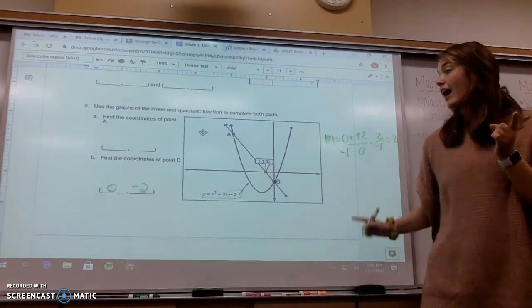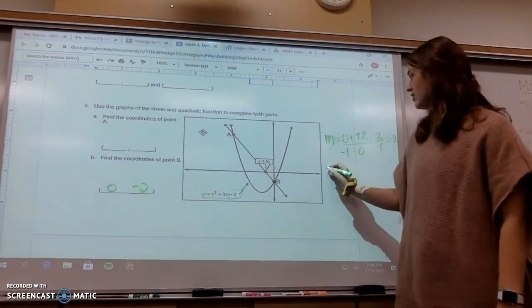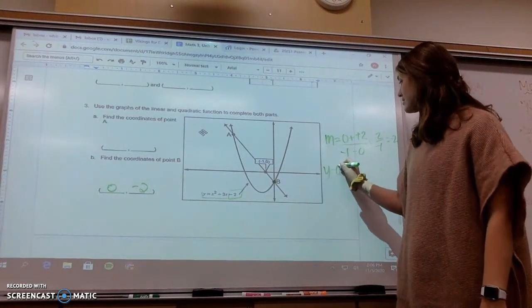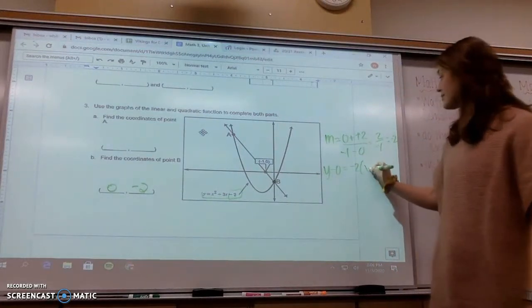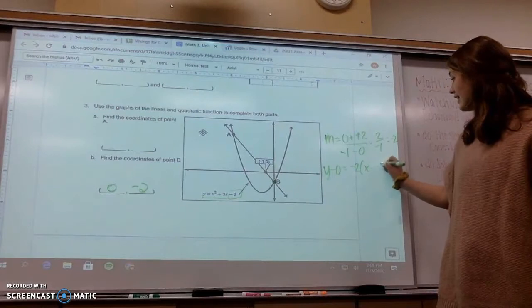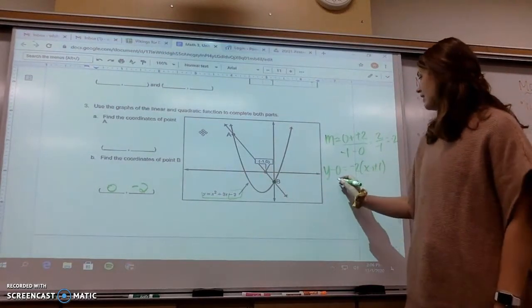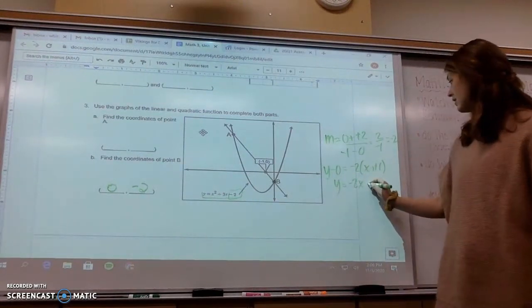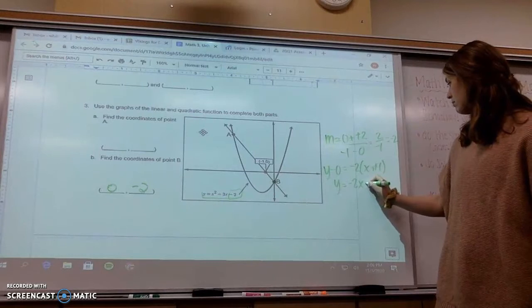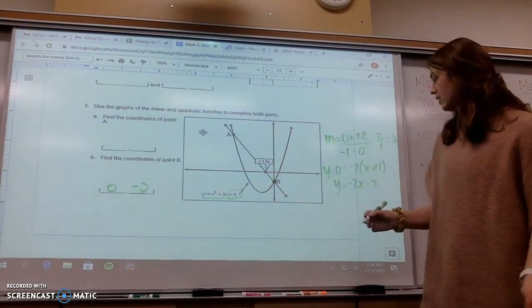I have a slope. I have a point. Now I just need to plug it into point slope. So I'm going to do y minus 0 is equal to my -2 slope times x minus a -1. Let's change to positive, okay? This becomes y equals -2x minus 2. Okay, so that's our equation right there. We're good to go on that.